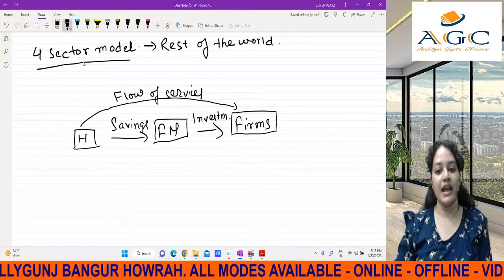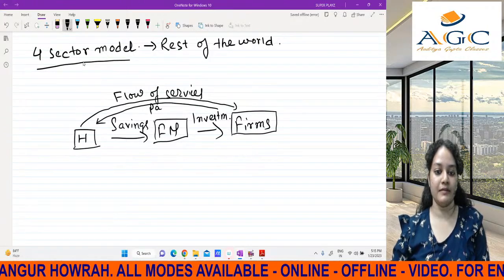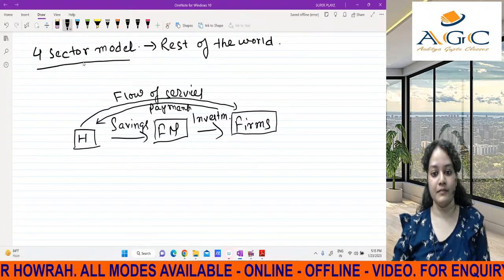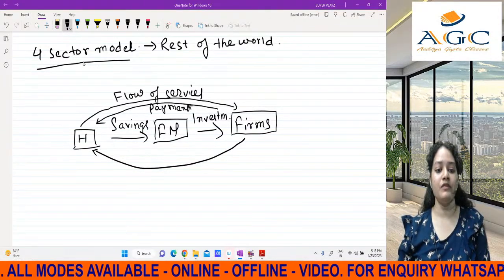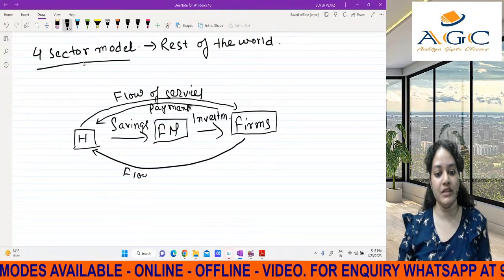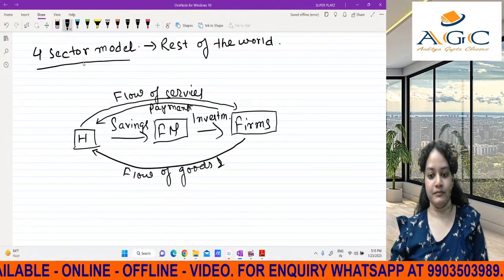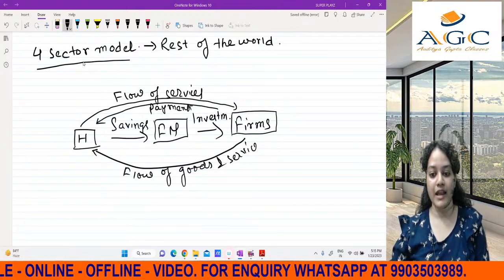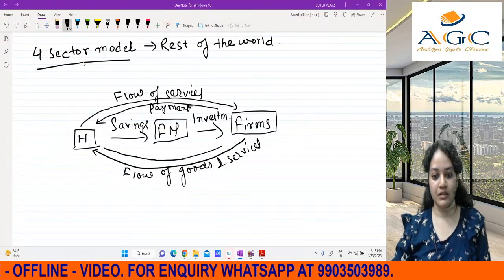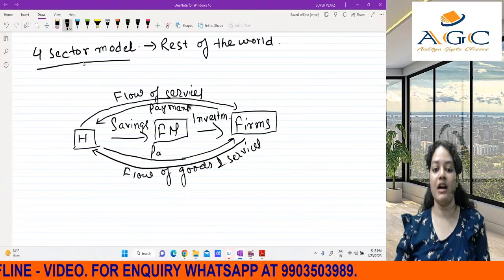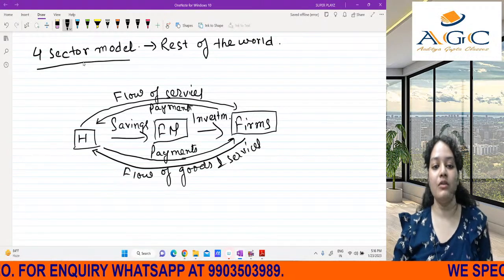Flow of services, and from the firms to the households, payments. And from the firms to the households, again flow of goods and services. I'm doing the whole diagram again so that it works as a revision for you people. And the households have to make payments to the firms. Clear till now?